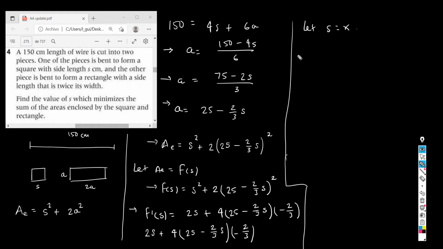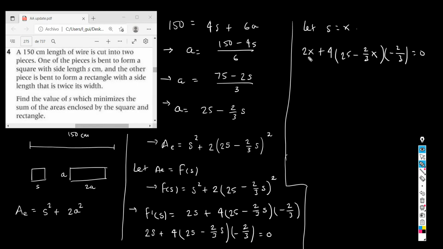So I'm going to have 2x plus 4 times 25 minus 2/3 x, times minus 2/3 equals 0. That's much better. And now I can proceed to solve this equation.